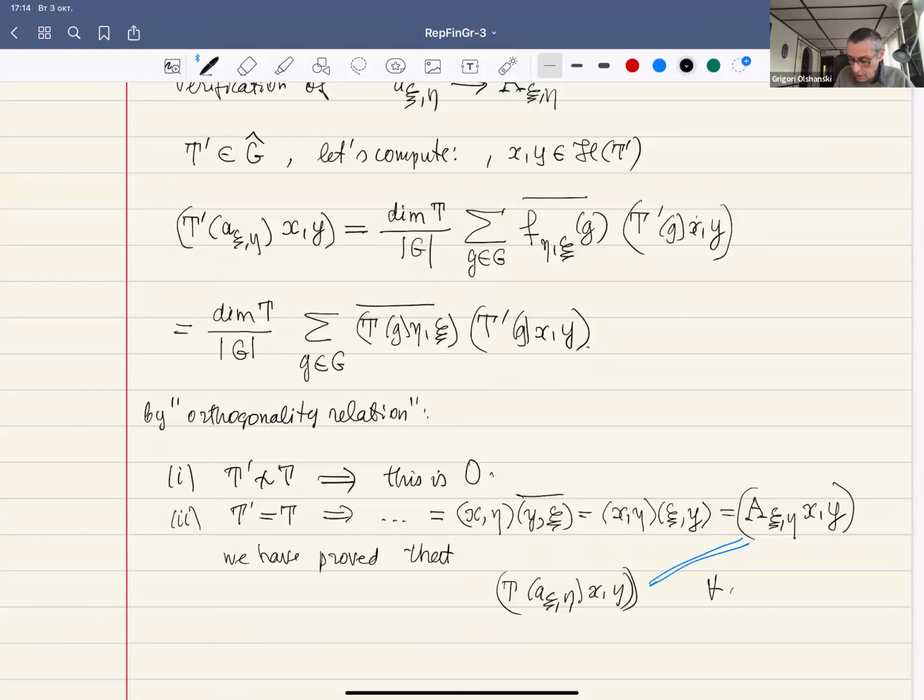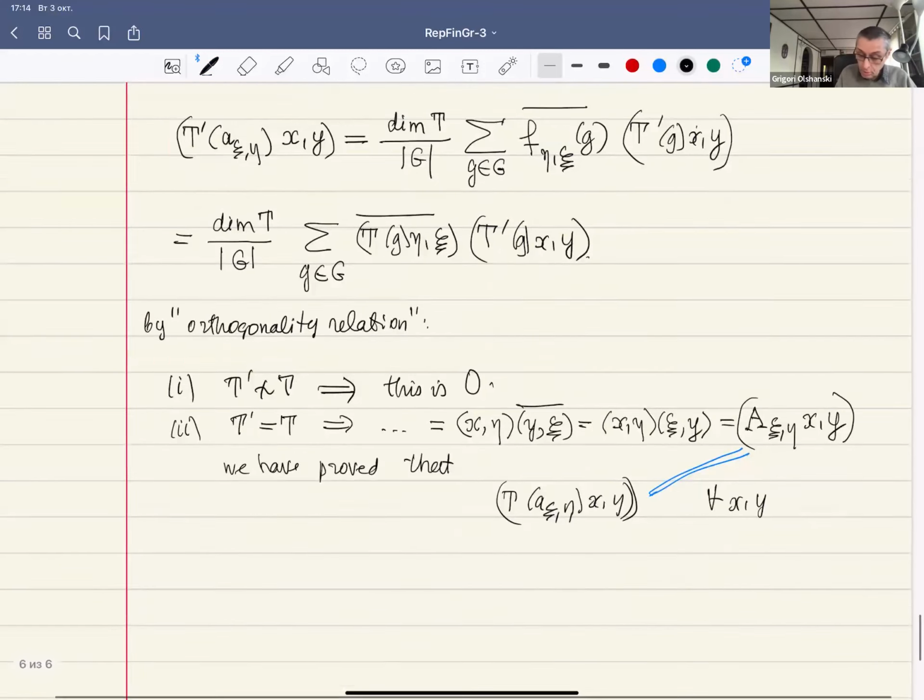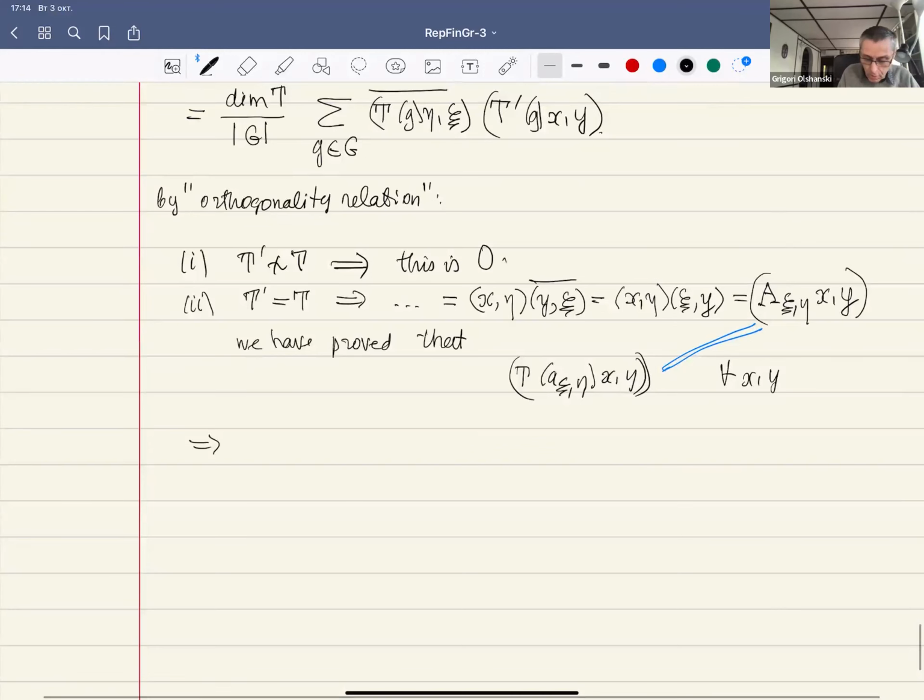This is for any x and y. So this implies that this is exactly what we want. So this is a good result, very good result, very good.